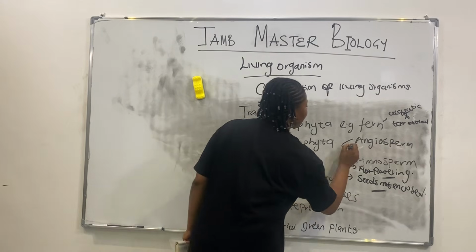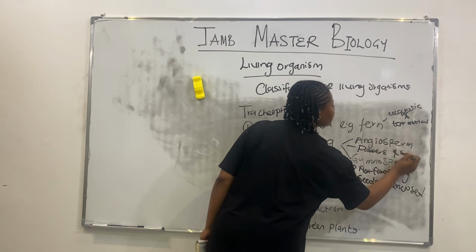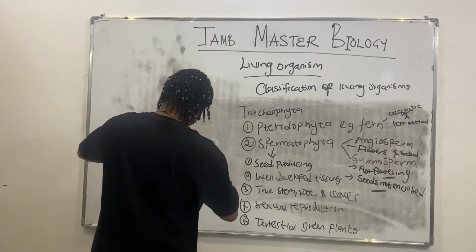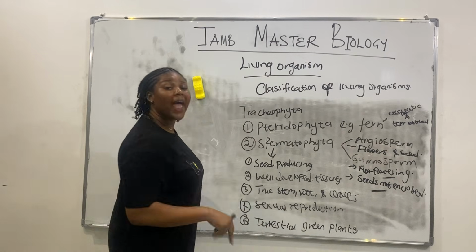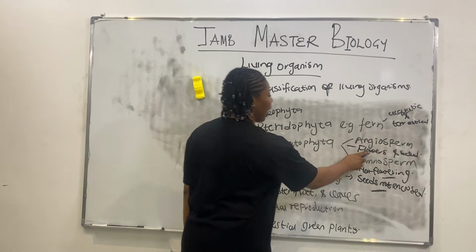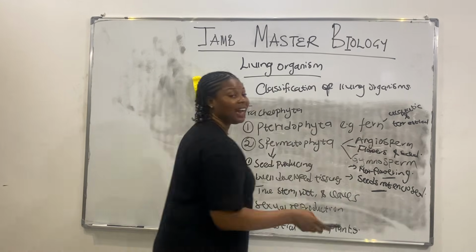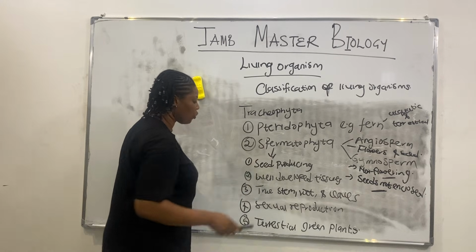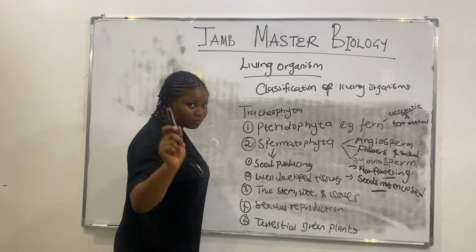So this angiosperm, they have flowers and seed. Any vascular plant or tree that you see that has flower and has seed, it means that it is what? An angiosperm. And it is what? A spermatophyte. And a spermatophyte should have what? True stem, true roots, and true leaves.